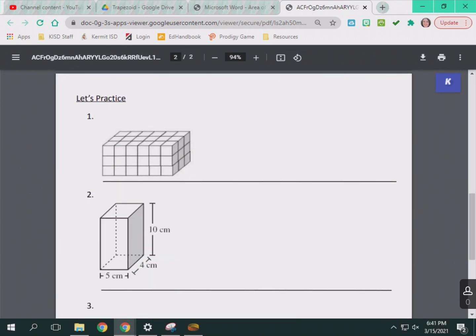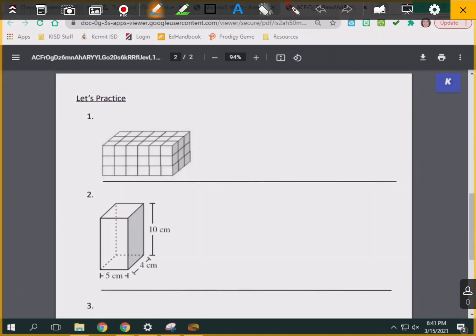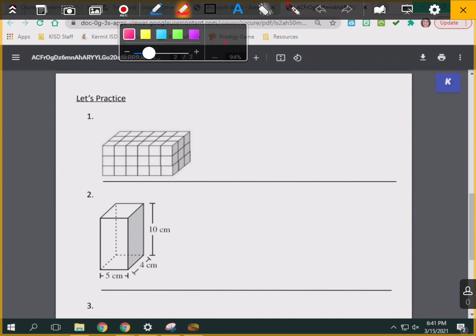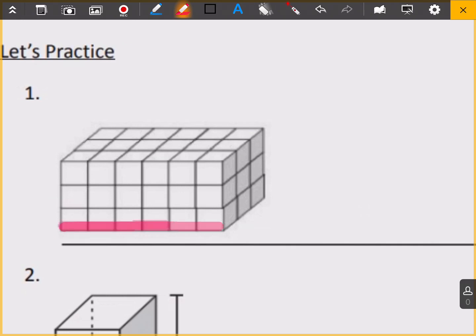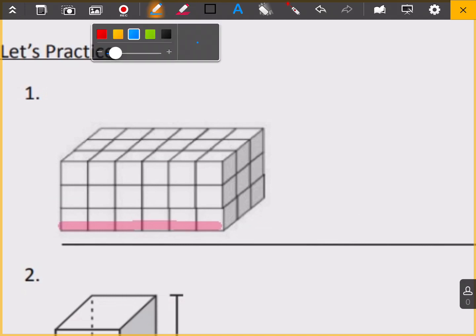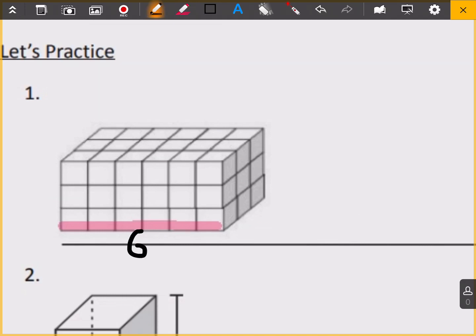Onto the back, the first thing you're going to notice about number 1 is that it does not have any numbers, and that is okay, because our job is to count them. They are giving us cubes, so we count how many cubes are there. So on this side, we have 1, 2, 3, 4, 5, 6 cubes here. Now I'm going to leave that as my base.